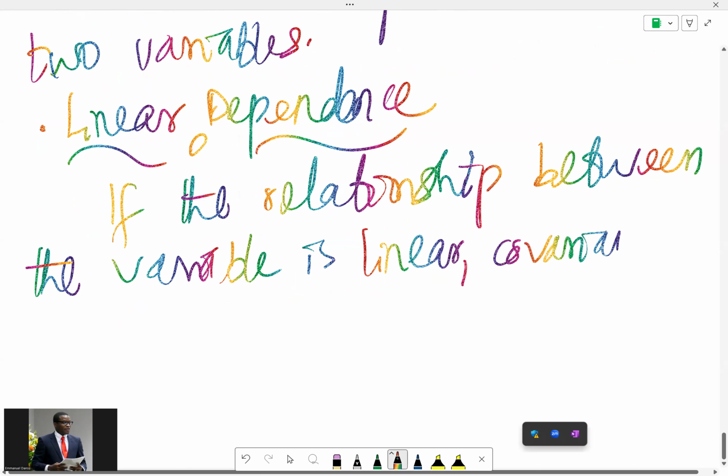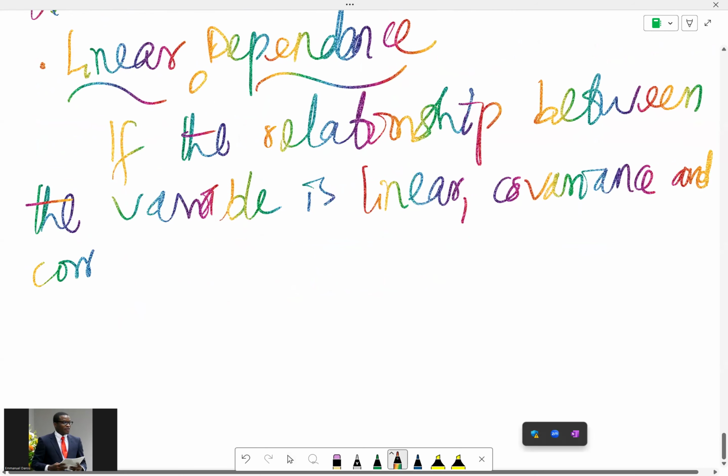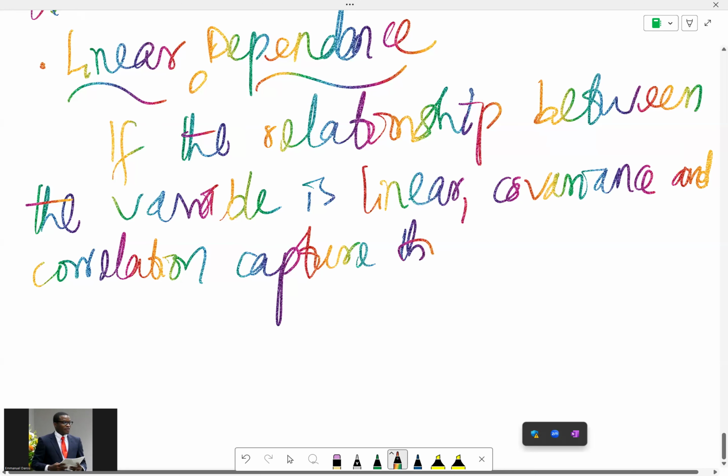Covariance and correlation capture this well, okay? Capture this well.